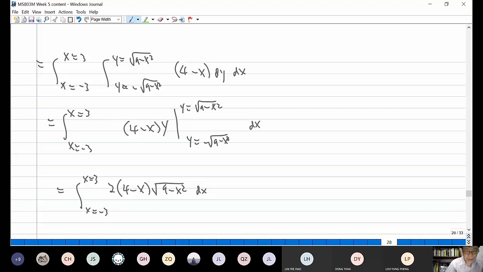Okay, so this one I'm going to split into two integrals. One is the integral from x equal to minus 3 to 3 of the first term, which is 8 square root of 9 minus x squared.